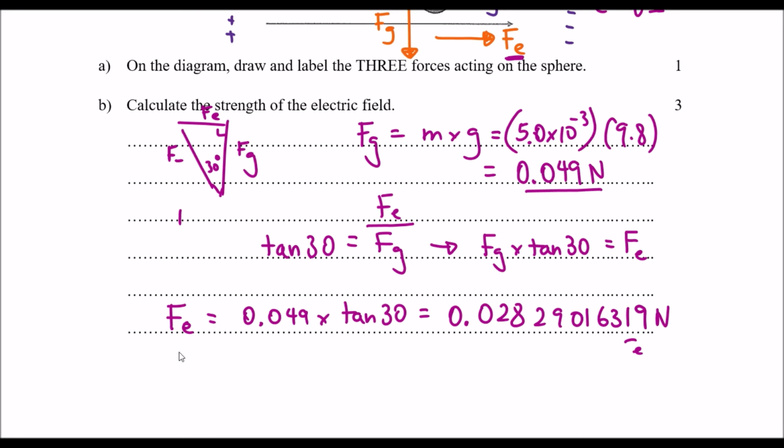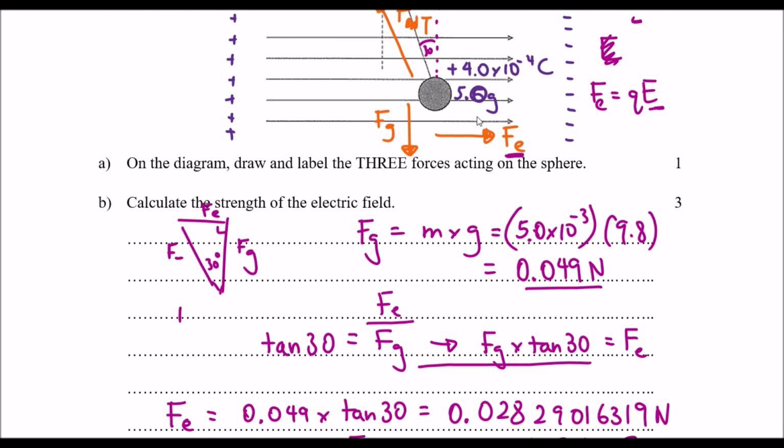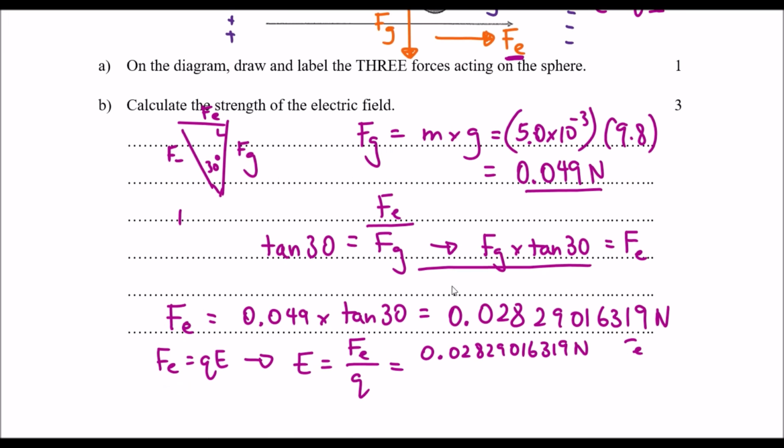Now I can substitute into my formula F equals QE and rearrange so E is the subject: E equals Fe over Q, so 0.02829016319 newtons over the charge, which is 4 times 10 to the power of negative 4.